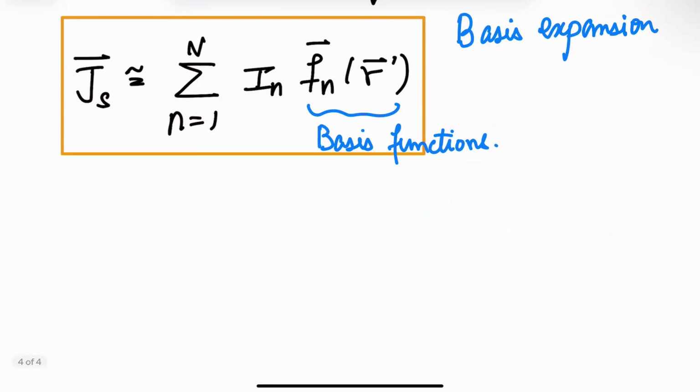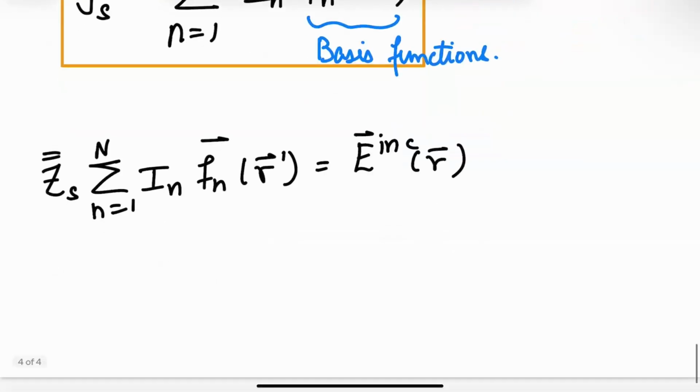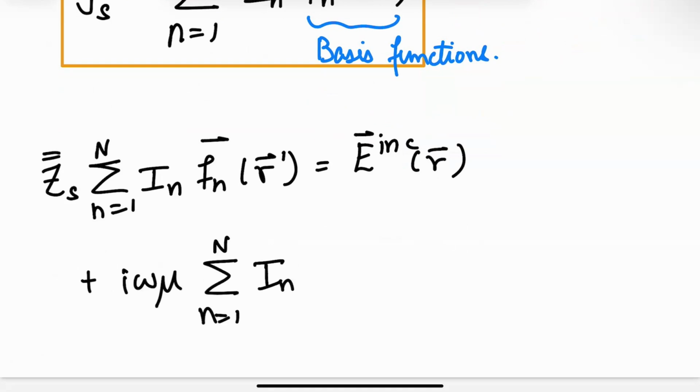Okay, so hopefully the basis expansion makes sense. So once I do this, then the left-hand side becomes Zs sigma n equal to 1 to N, I_n, which are the coefficients of each of these basis functions, f_n of r prime, is equal to E incident, which is a known quantity, of r plus I omega mu summation n equal to 1 to N, I_n, volume integral.